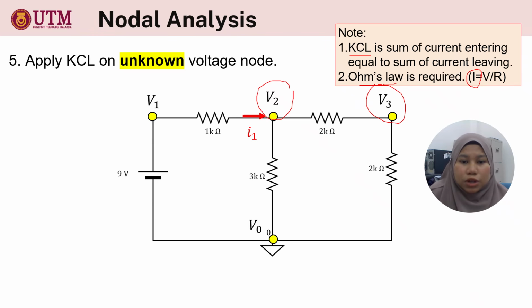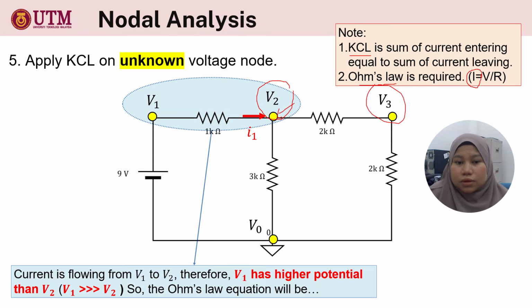Okay, so we need to apply the KCL on node 2 first, this node first. So we know this is current in, okay? Before that, we need to remember, if we put this current direction from here to here, like this, look carefully at this, the current is flowing from V1 to V2.